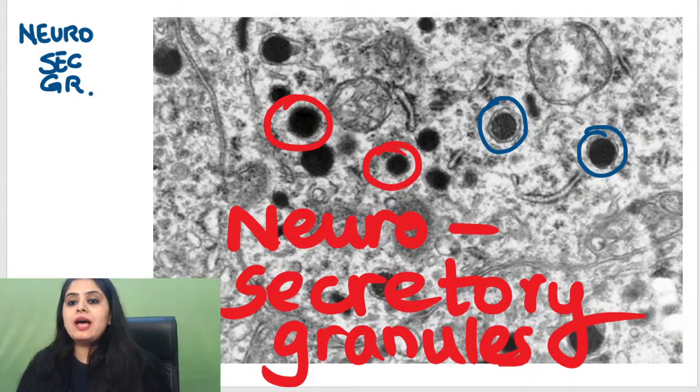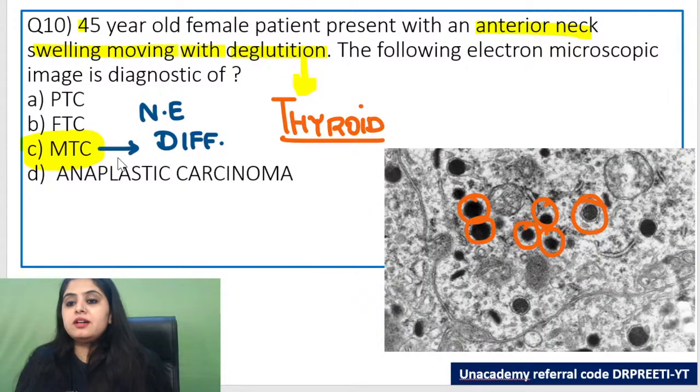Okay, so that's the trick. Remember this photo as it is, because if I put this photo in a neuroblastoma, you'll say neurosecretory granules. If I put this photo in a carcinoid tumor, you'll say it's a neuroendocrine tumor, so neurosecretory granules. If I put it in thyroid medullary carcinoma, you'll say neurosecretory granules.